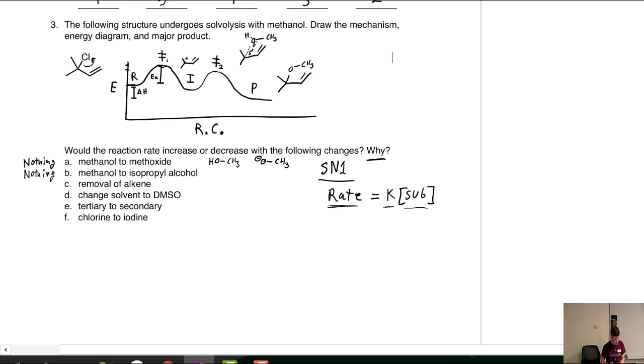All right. So if we removed the alkene, so that's saying we remove this double bond here, I will draw part C right here. If we were using this as the substrate instead, what do you think would happen to the rate then?